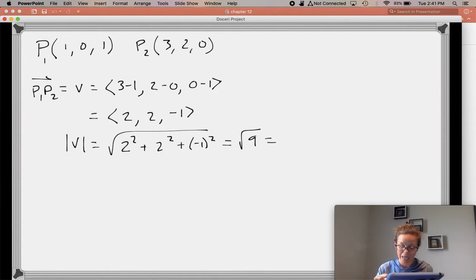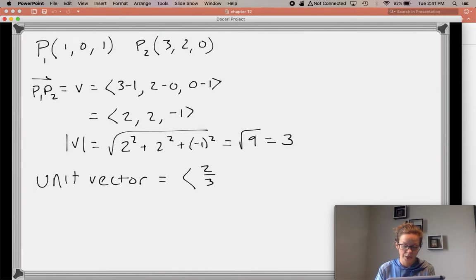That makes 9, and the square root of 9 is 3. So the unit vector that's in the same direction as V, but only has a length of 1, would be 2/3, 2/3, and negative 1/3. So it has the same values as the vector V, but dividing by that 3 to cut the length down, so that now the length is only 1.